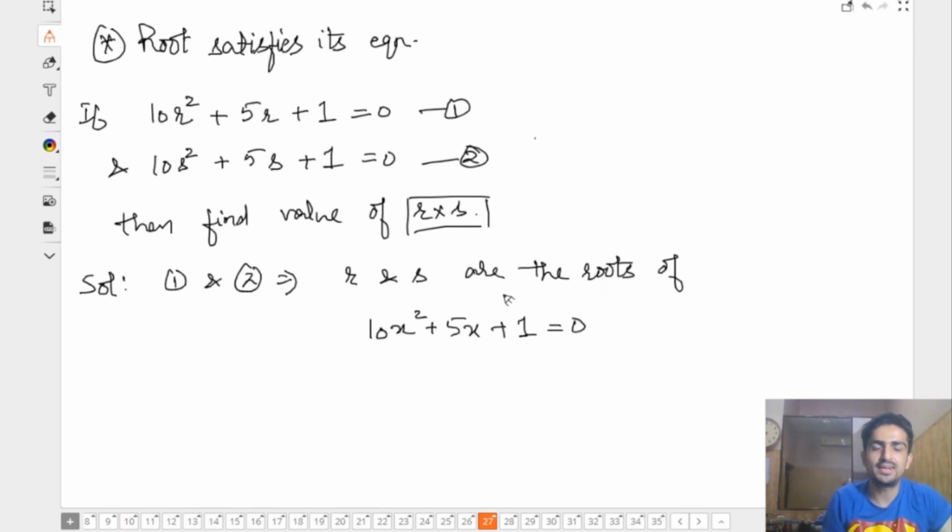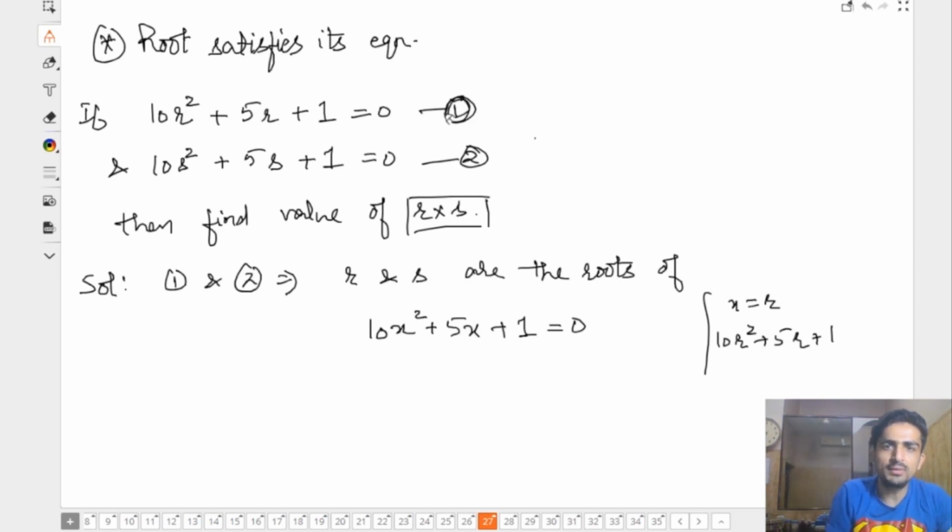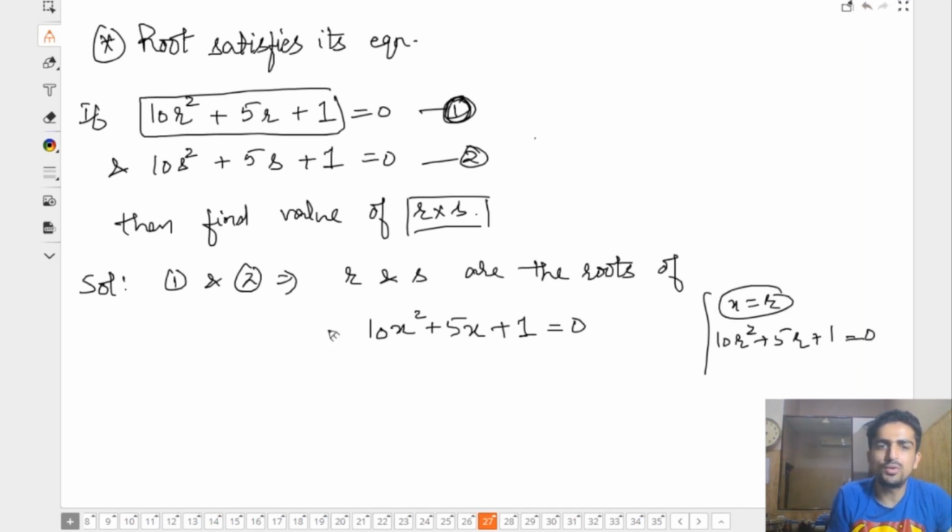Yes, Rishabh Sharma, exactly. So why? You can check it. Just put x equal to r. What do you get? 10r square plus 5r plus 1, and the first equation is telling me that this value is 0. So if it is 0, then clearly x equal to r is a root of this.